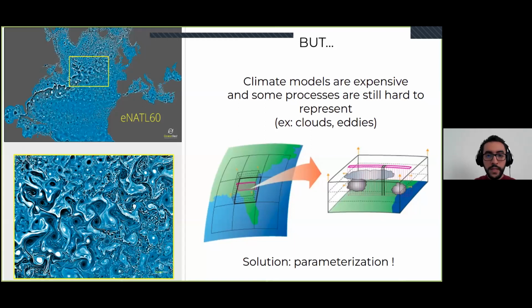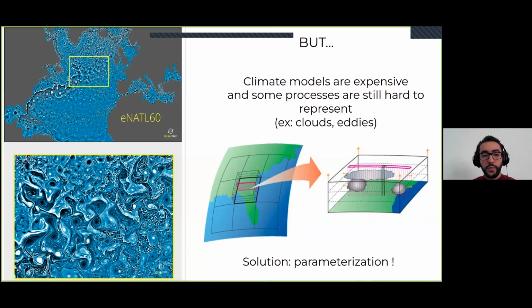But there is a catch. You understood here, I've said it too much, because this is one part which is very important for what I'll be saying next. Climate models are very expensive, and some processes are still hard to represent.